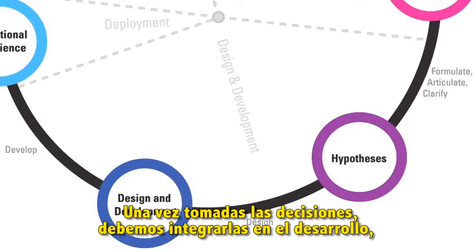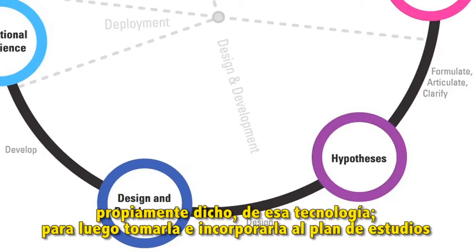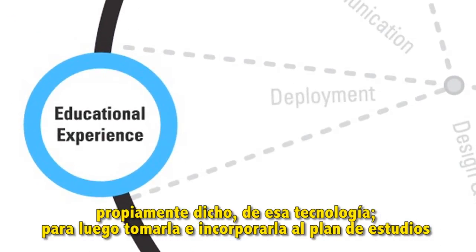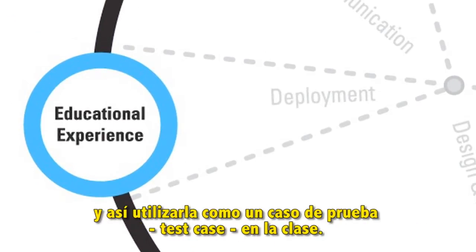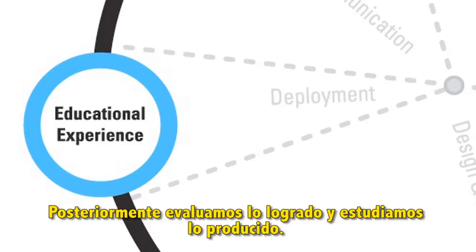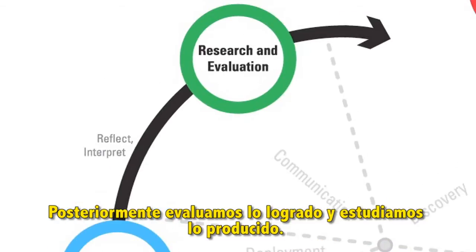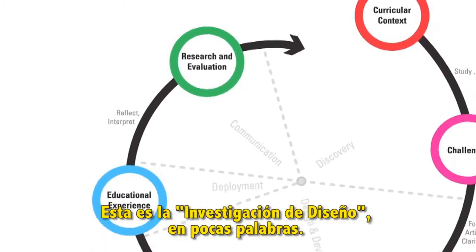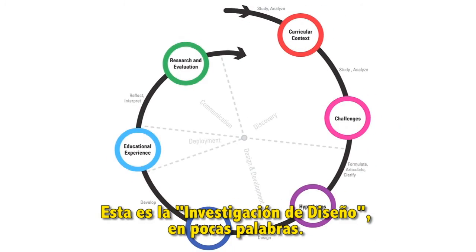We then engage, after we've made those decisions, in the actual development of that technology, and then we take the technology we've developed, integrate it into the curriculum, and use that as a test case in the classroom, and then we assess what we've achieved, and then we move to make revisions on what we've already done. This is the design research process, simply stated.